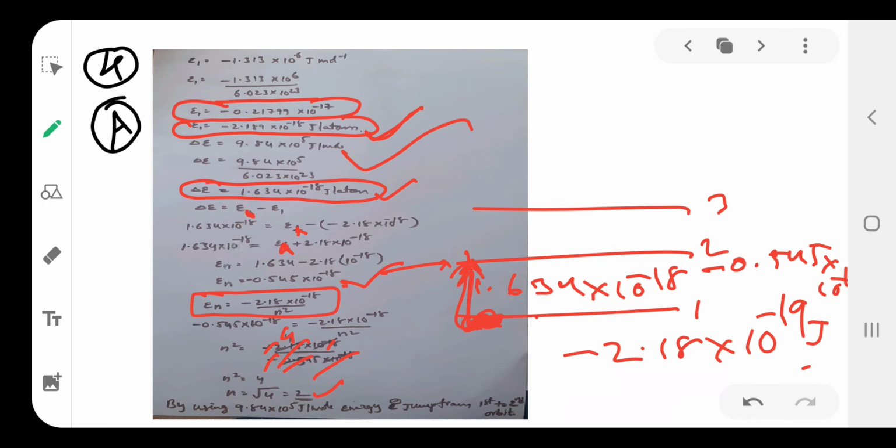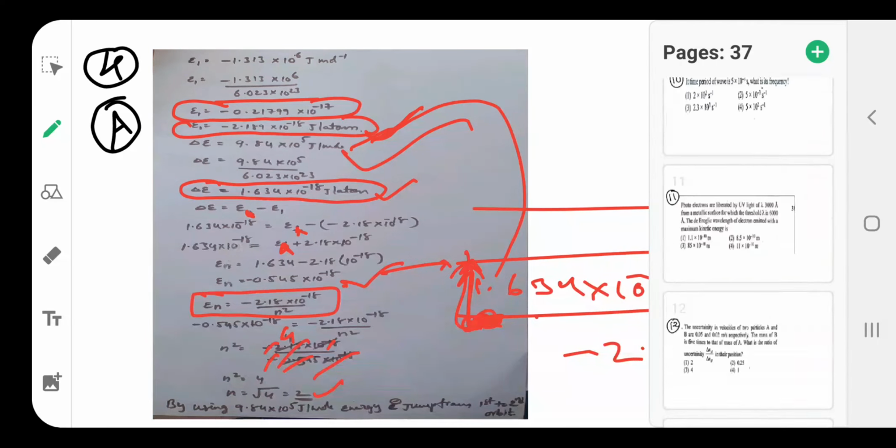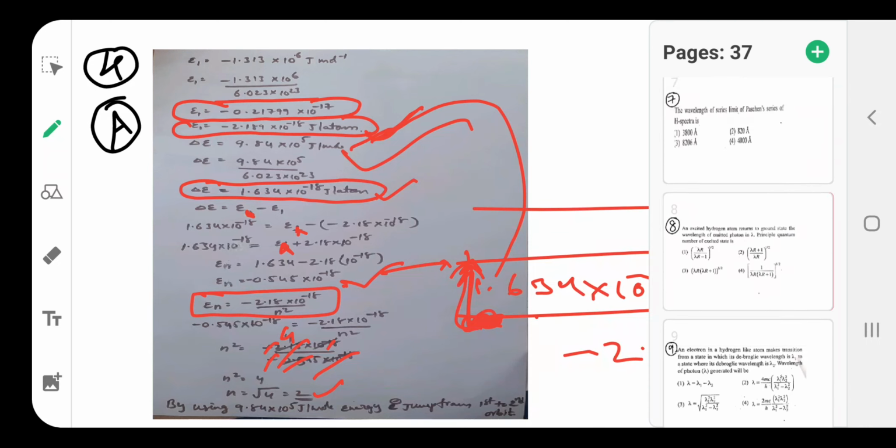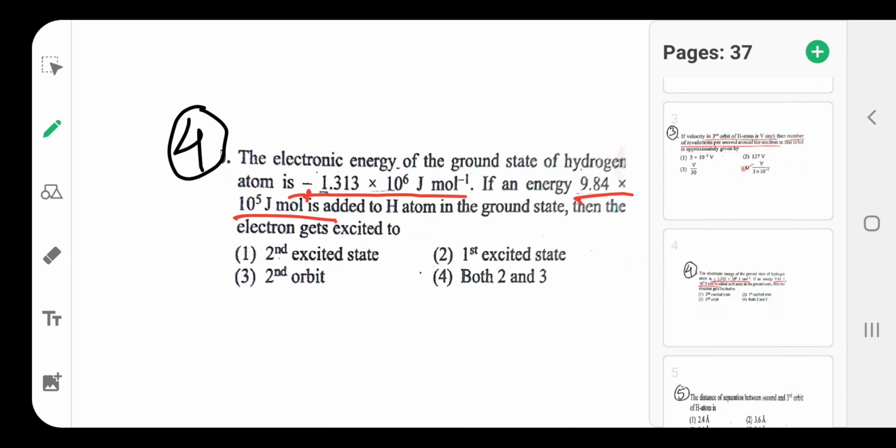That's why both, by using 9.84 into 10 power 5 joule per mole. Here I gave joule per atom, but its actual energy is 9.84 into 10 power 5 joule per mole. So by using this amount of energy, the electron may jump from the first orbit to the second orbit, or it may remain in the first orbit. That's why the electron may jump to the first excited state or the second orbit.